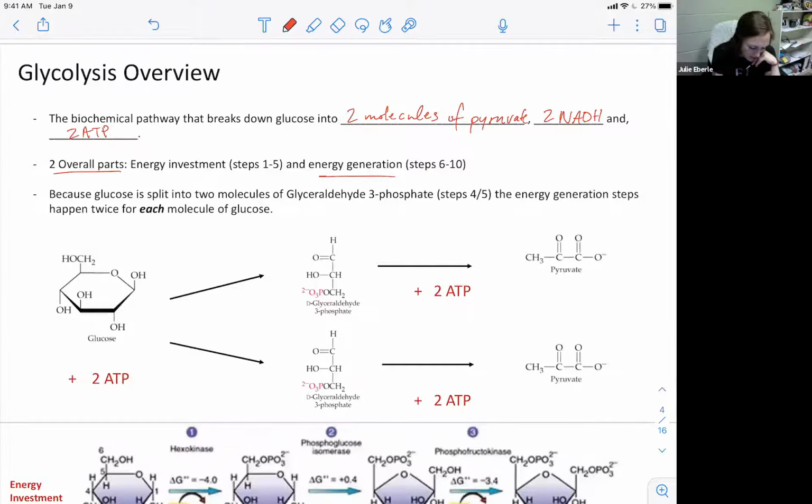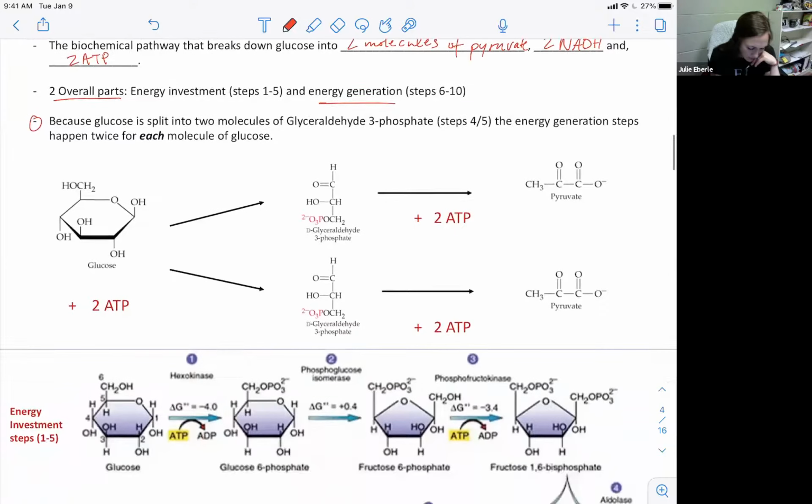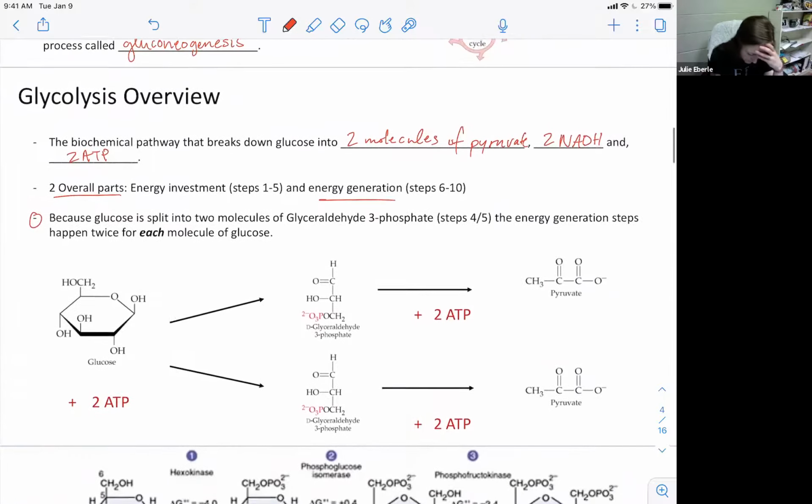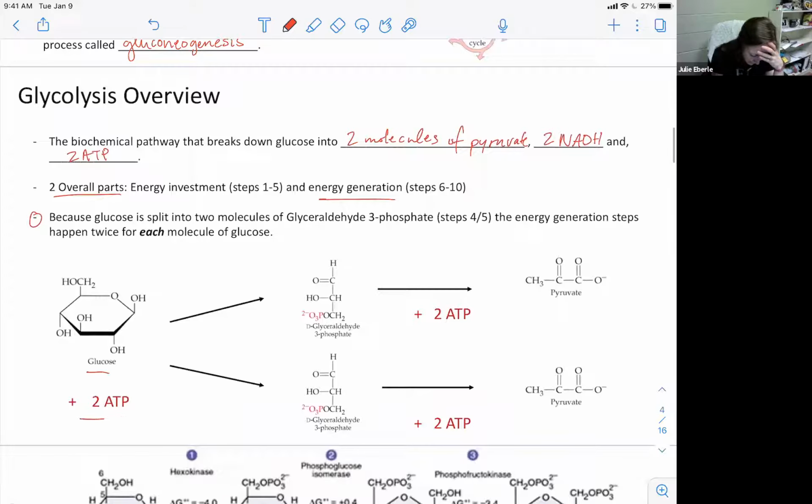So I'm going to read this last bullet point in just a second. I want you to look, this is kind of an overview. Here's glucose, and if we throw in 2 ATP, these arrows represent steps 1 through 5. Now, the one thing that's a little deceiving about the graph and the way I've made this figure is that we don't run steps 1 through 5 twice.